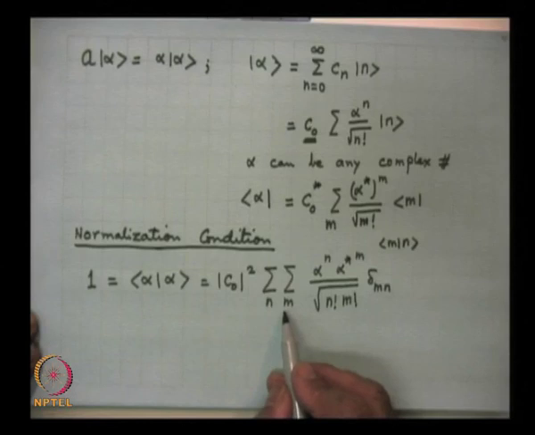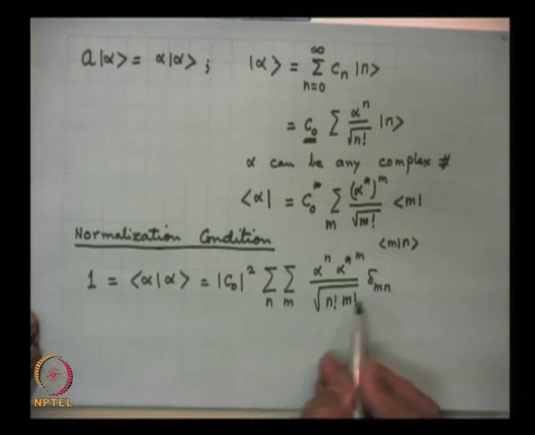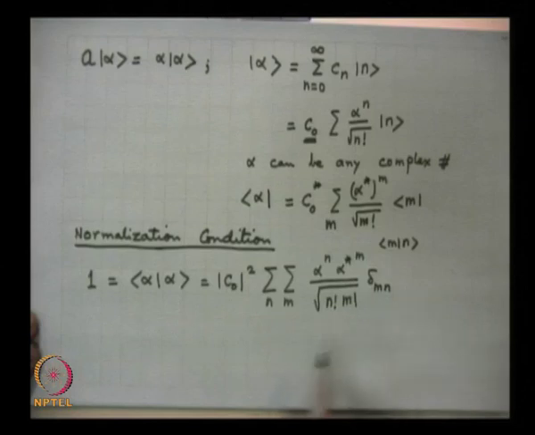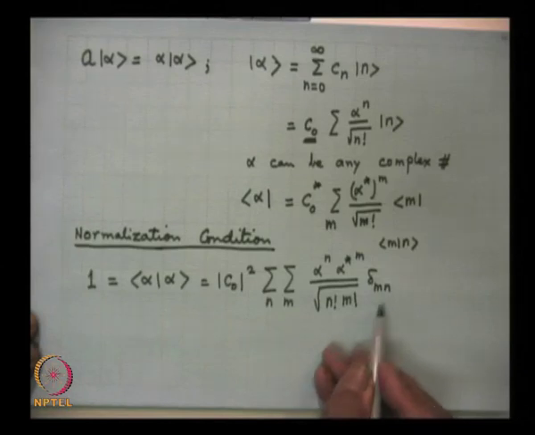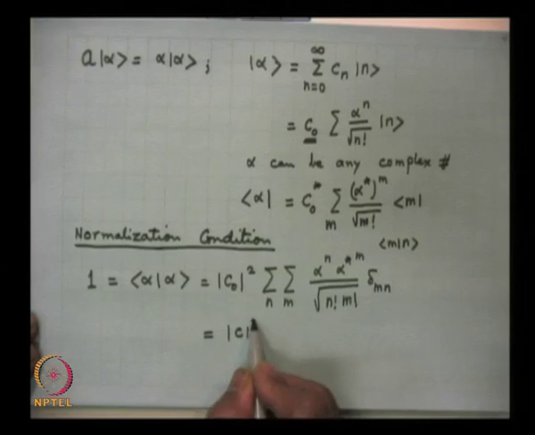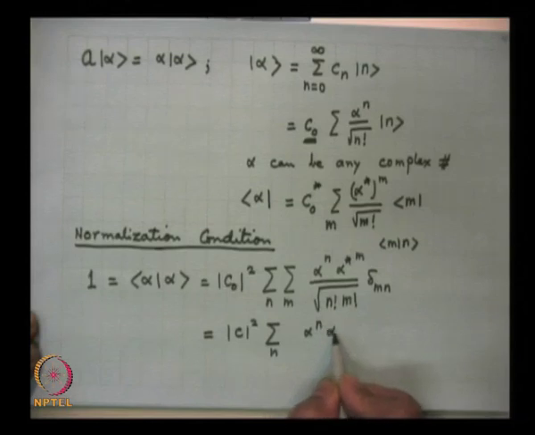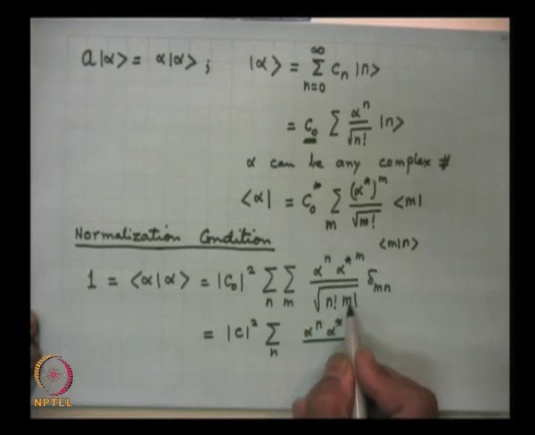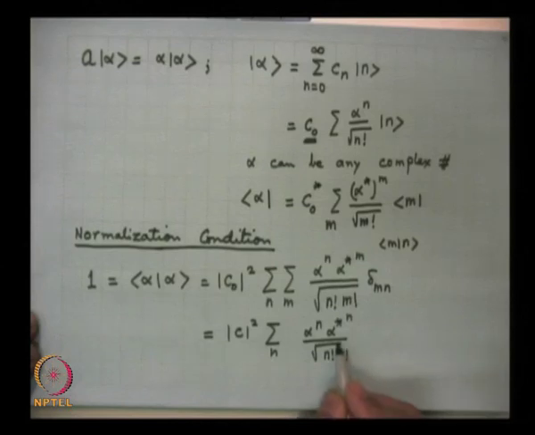So, if I sum over m, only the m equal to n term will survive. So, for each value of n, I get C 0 square, alpha to the power of n alpha star to the power of n divided by, since n and m are becoming equal, n factorial times n factorial.